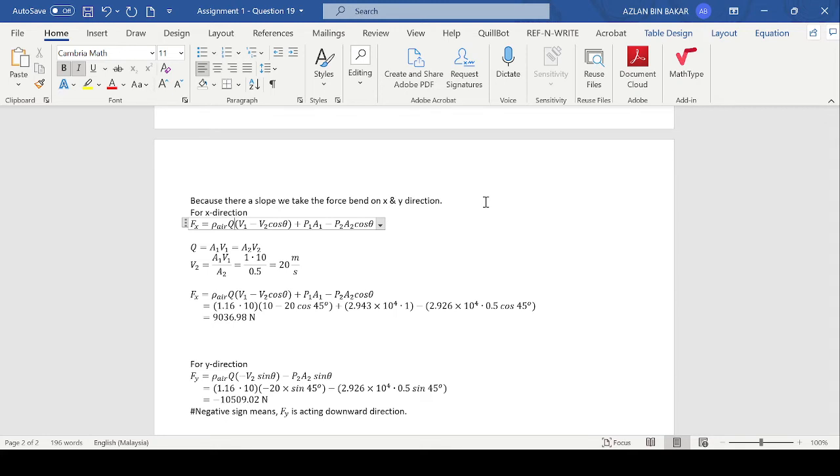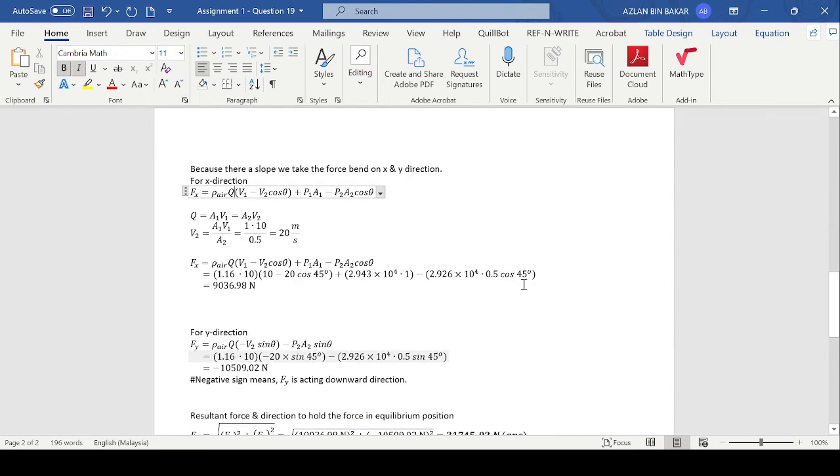This formula we can get on the slide. For the force acting in the x direction, we just put in the given numbers based on the question, and then we get the force in the x direction, which is 9036.98 Newton.